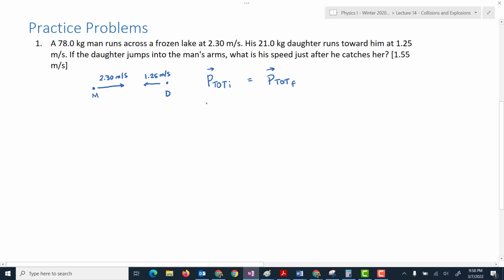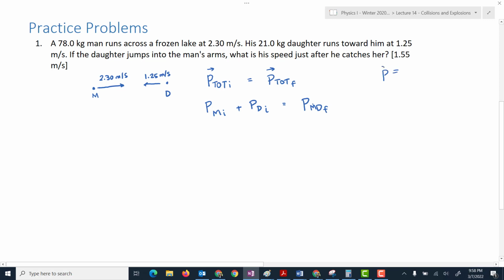The momentum of the man, I'll say M for man, initial, plus the momentum of the daughter, initial, is equal to the momentum of the man and the daughter, final. But they are now together, sliding across the ice, so I'm going to call this the momentum of the man and daughter as though they're just one object moving together, final.